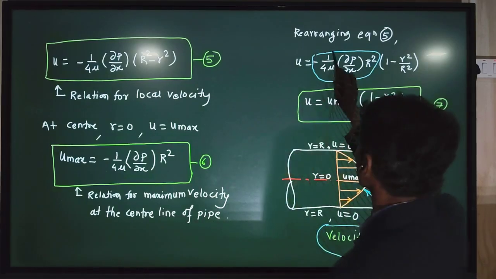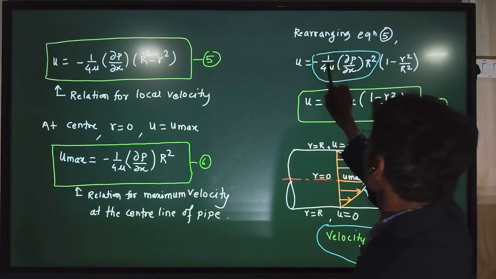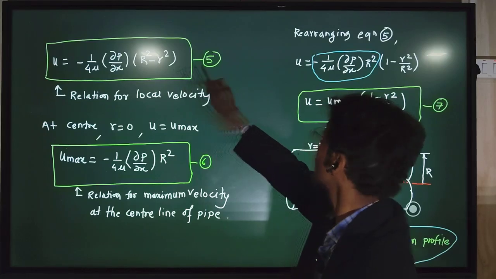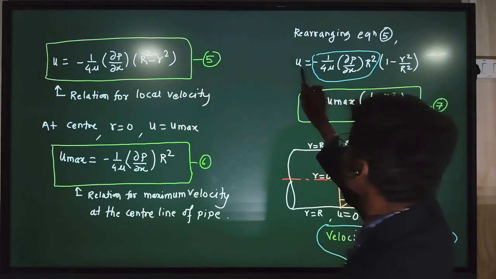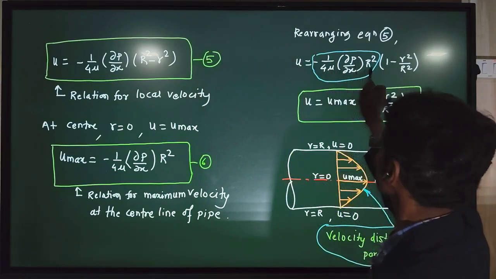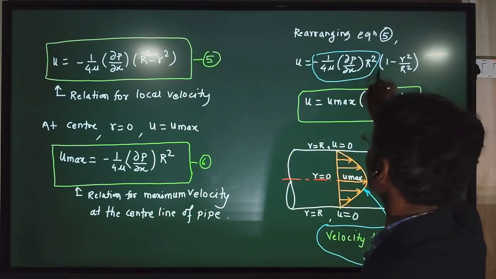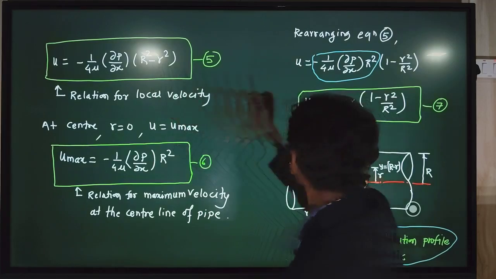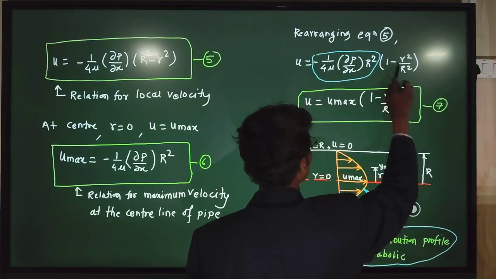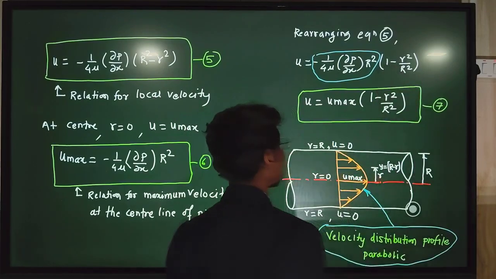Then we compare the equation. For that we rearrange equation number 5. In this arrangement we write u is equal to minus 1 by 4 mu delta p by delta x into R square. R square we take common from this bracket. In the bracket, what remains? 1 minus small r square by capital R square.